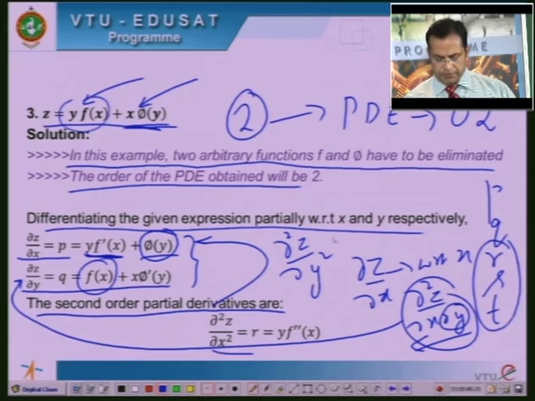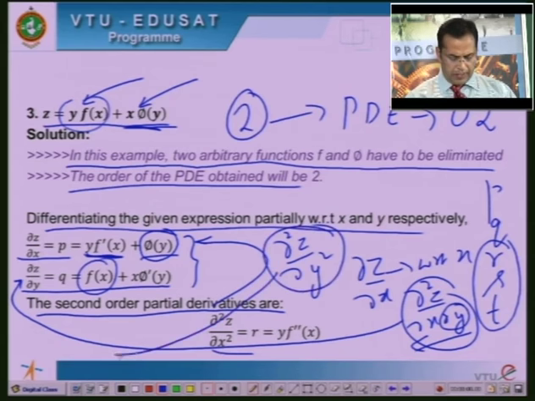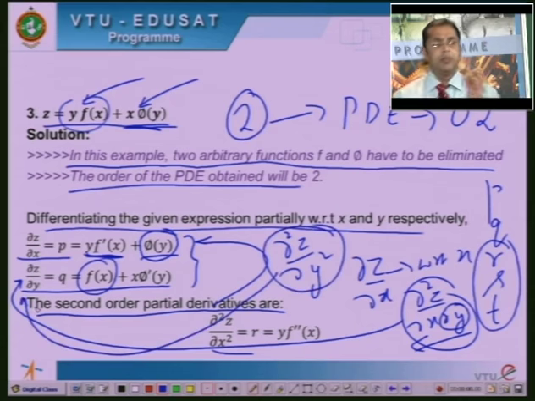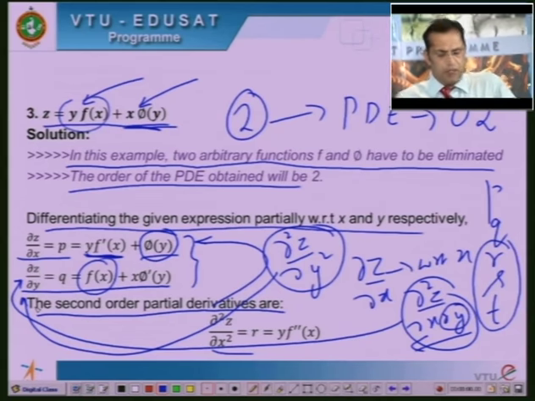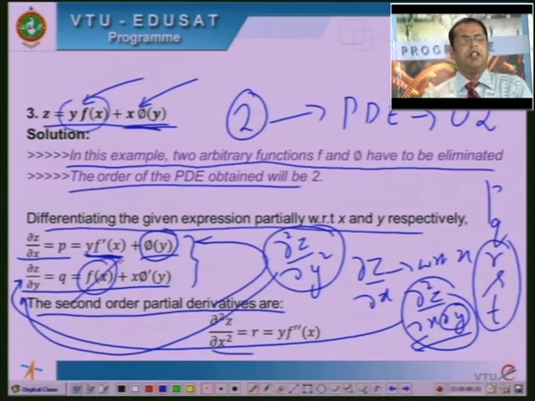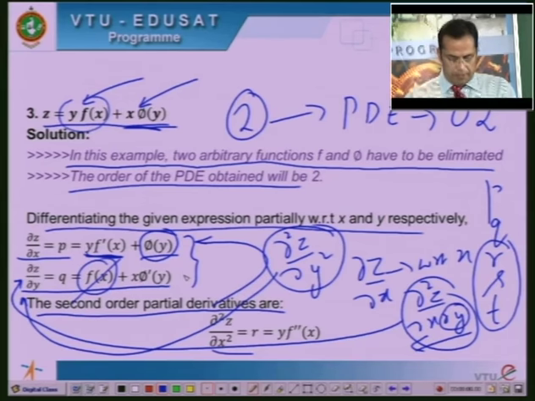And finally, ∂²z/∂y² is obtained by partially differentiating ∂z/∂y, or q, with respect to y. So, that will give you f of x as 0, because it does not contain y, and x into phi dash of y on differentiation with respect to y partially will give you x into phi double dash of y.